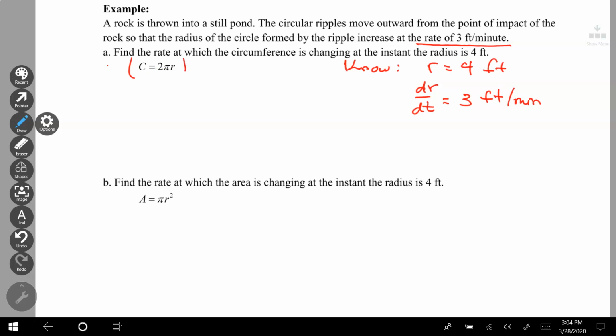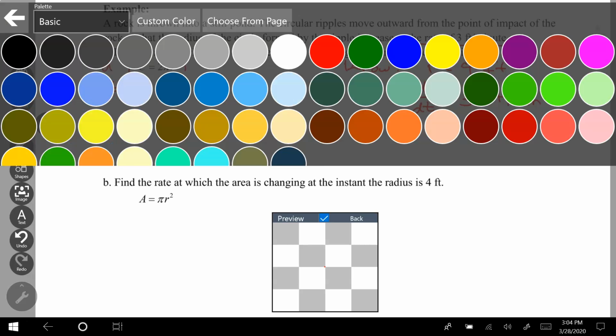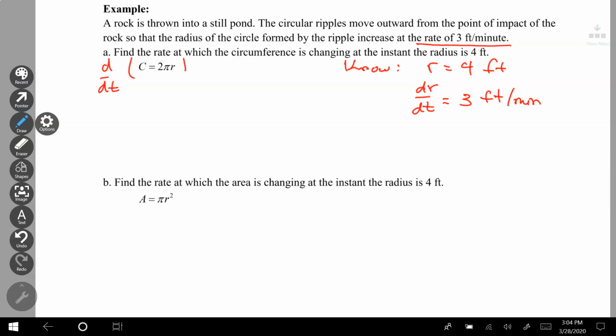I gotta take its derivative, d dt. So when I take its derivative, I get dc over dt is equal to 2 pi r. Pi is not a variable, just 2 pi times dr over dt. And I see dc over dt equals 2 pi times 3.